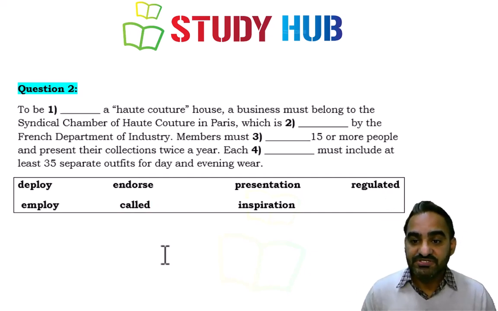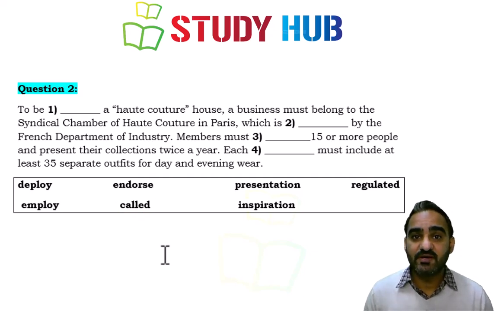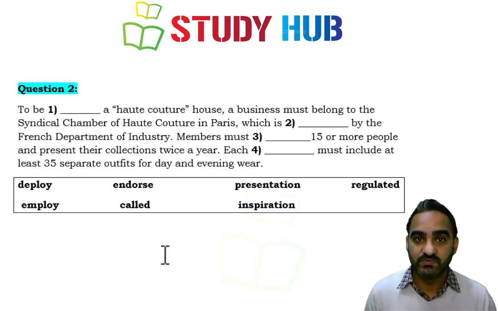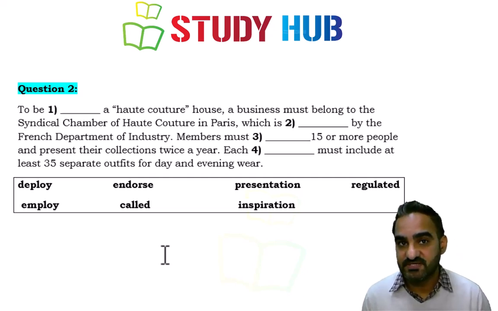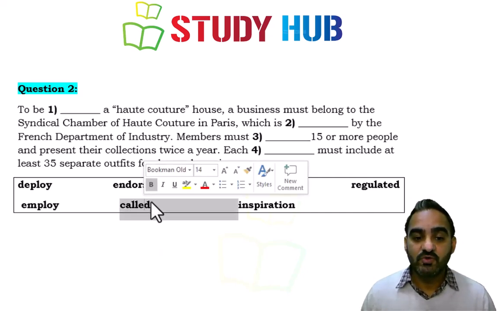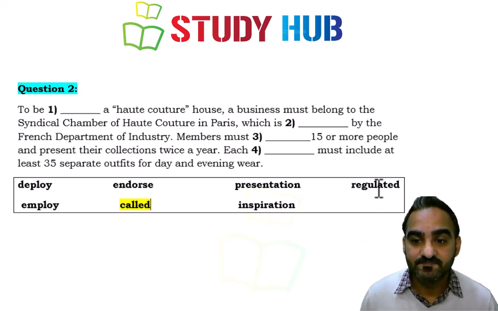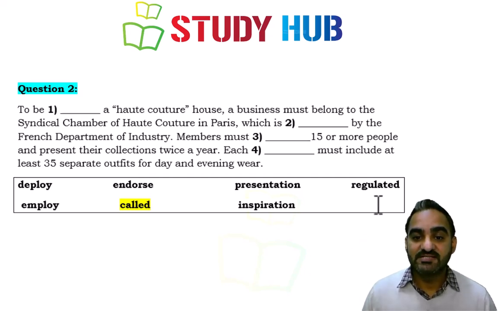Next one, which is dashed by the French Department of Industry. Now this is where, remember, we are going to apply the logic of the blank after is, are, was, were. 98% chances it will be third form verb, and 2% chances it can be an adjective or ing verb. Now we have already used that one there. So right now we have got only one verb remaining, regulated.